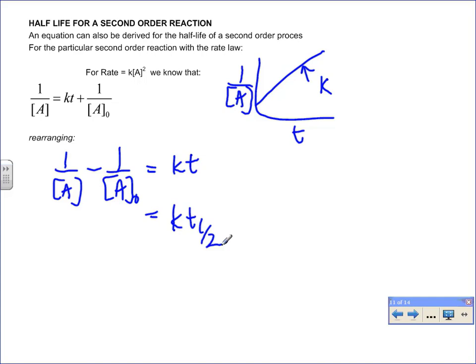At this point, the concentration of A is half of the concentration of A naught. Okay, we're looking at 1 over half of A naught, which is really the same as 2 over the concentration of A naught.